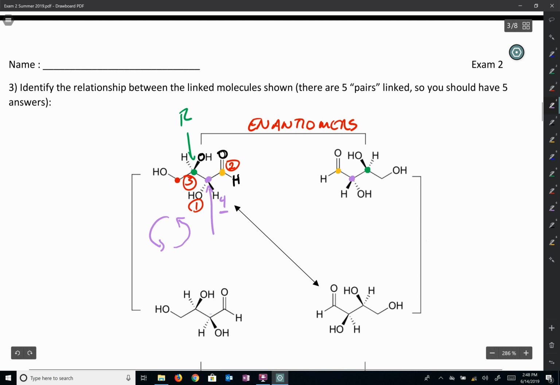So the apparent rotation is S, the actual rotation is R. Remember, when the 4 is facing towards you, apparent and actual are swapped, okay? So apparent rotation looks like it's counterclockwise, but the actual rotation is R. So this is the RR version. If I look over here, this is S now, and this is going to be S.